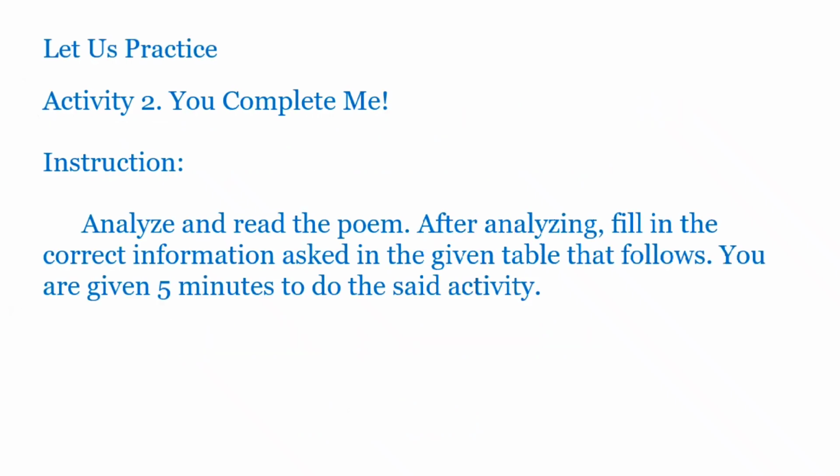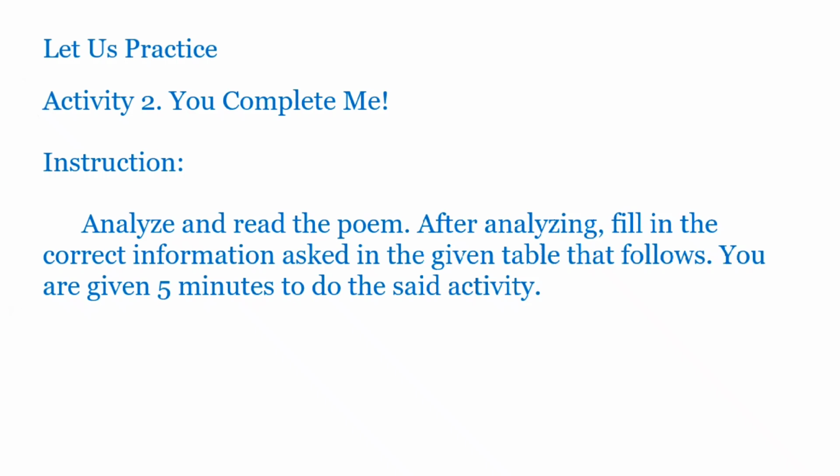Let us practice. Let's answer Activity 2, You Complete Me. In here, you need to refer to your module for the copy of the poem and the table. Do you have them now? Instruction: Analyze and read the poem. After analyzing, fill in the correct information asked in the given table that follows.